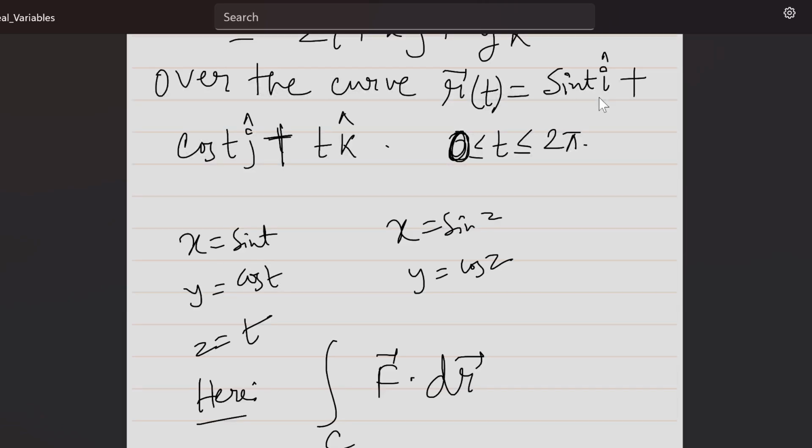Because it is dr, I am writing dr/dt into dt. I am differentiating r because it is a dot product. Fine, up to this.